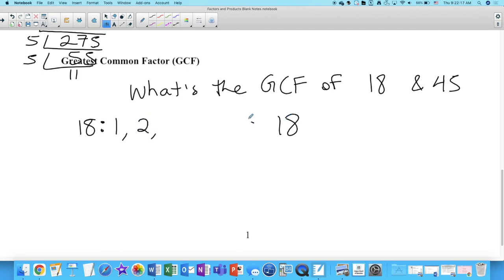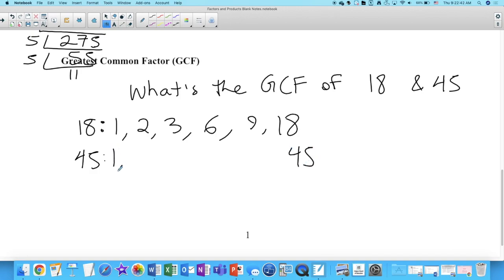Okay, and then what about 3? Yep, 3 works, and it's 3 times 6. What about 4? Nope. 5, nope. 6 is already on the list, so you're done. You've exhausted the list, okay? Then if we look at 45, we've got 1 and 45. Does 2 work? Nope.